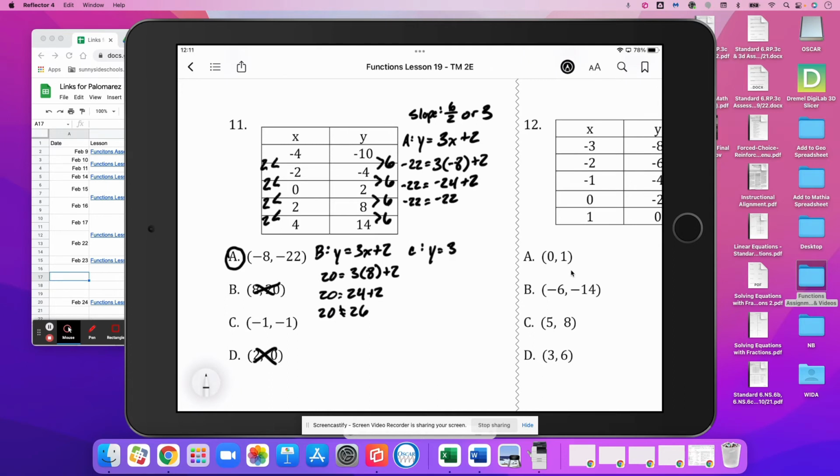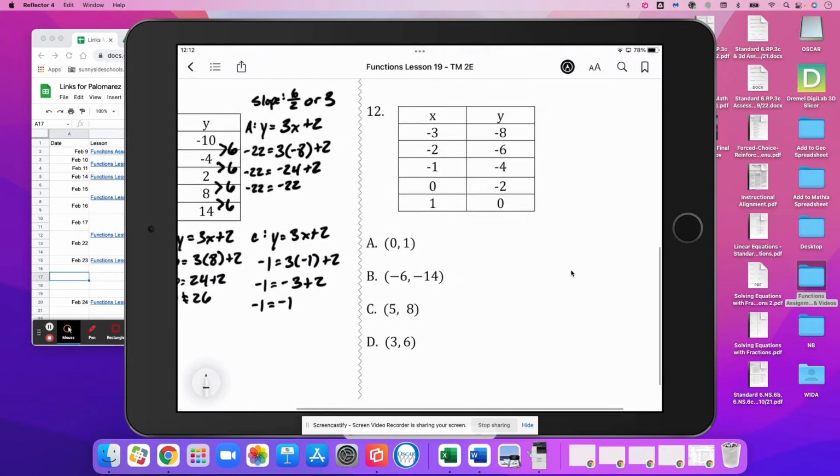Y is equal to 3x plus 2. Negative 1 is equal to 3 times negative 1 plus 2. We've got negative 1 equals negative 3 plus 2. Negative 1 is equal to negative 1. So yes, C satisfies the function. Okay, I'll pause there and move on to number 12 after that.